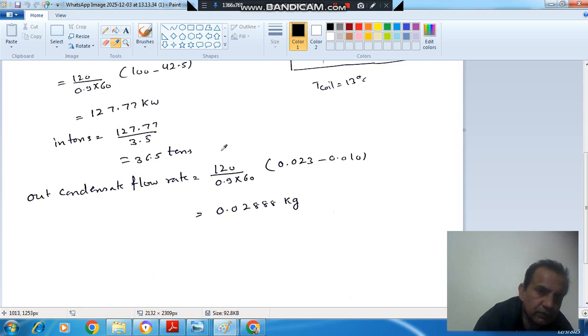Similarly, this is in kilowatt, so we divide by 3.5, and it will be 36.5 tons. Same way, condensate flow rate can also be found, that is omega 1 minus omega 2 into mass per second. So that is 0.0288 kilogram per second.